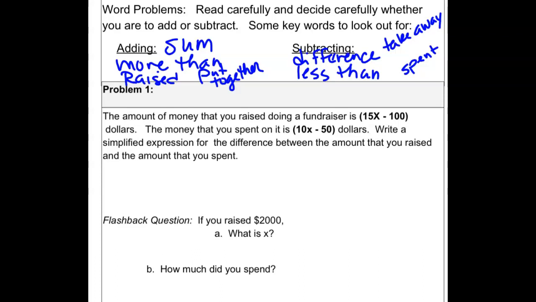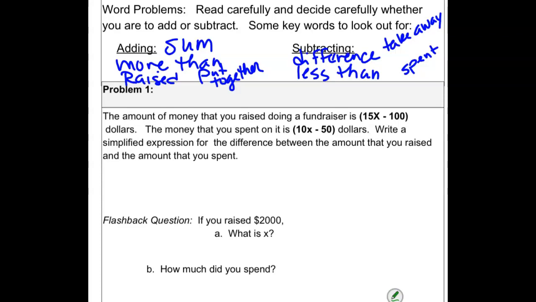So we have a linear binomial being used to represent how much money we raised. Then it says the money that we spent advertising and things for this fundraiser was 10x minus 50, another linear binomial. Write a simplified expression for the difference between the amount that you raised and the amount that you spent.